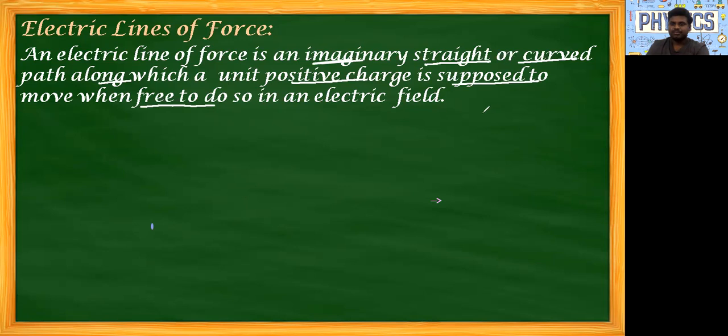Simply, it is an imaginary straight line or curved line in which a unit positive charge is supposed to move when free to do so in an electric field. So electric line of force is nothing but an imaginary straight or curved line.